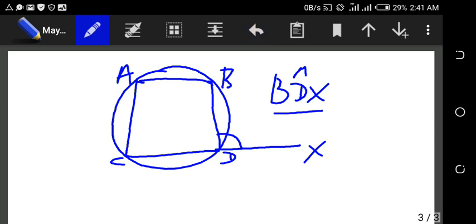So where would we have the interior opposite angles? Here is an interior angle, here's an interior angle, but these two angles are not opposite this one. Therefore the only place that qualifies is here. Therefore the interior opposite angle is angle CAB.